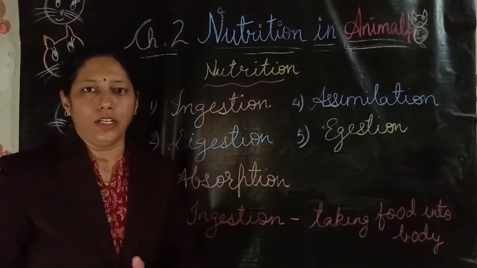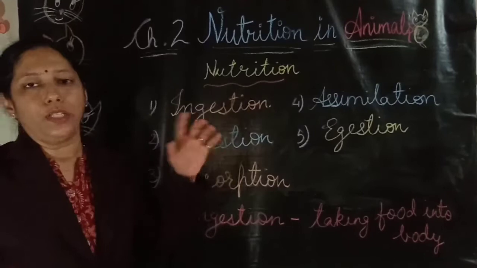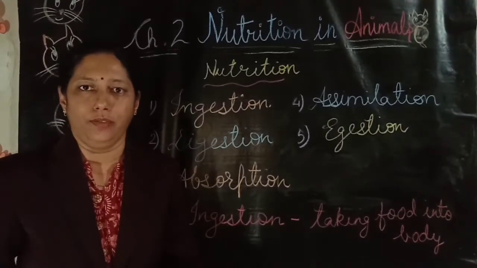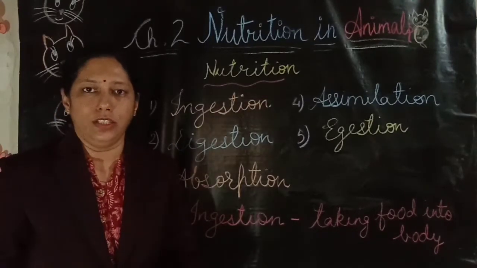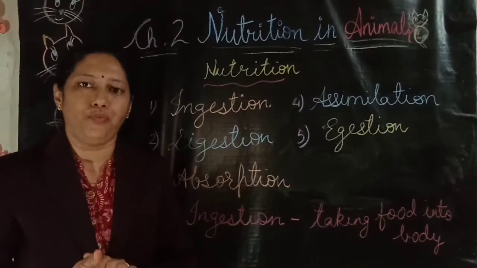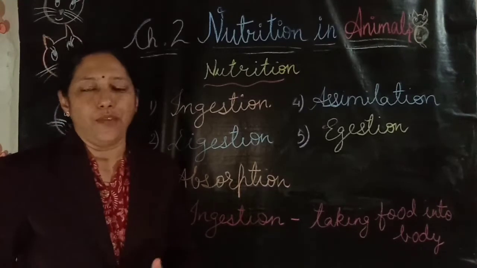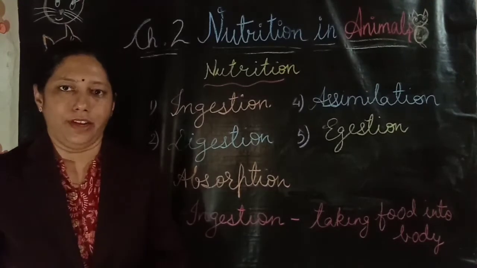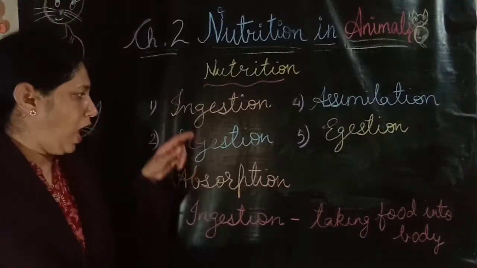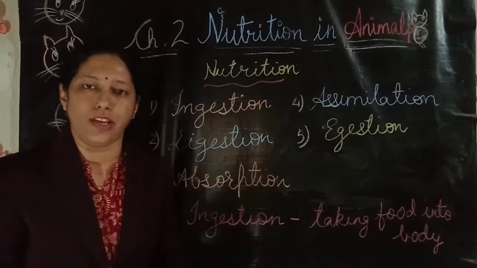Whatever we have learned today is all about ingestion, the first process of nutrition. We learned about the various modes of feeding in different organisms like sucking, siphoning, sponging, etc. We will learn about other modes of nutrition in the upcoming session.